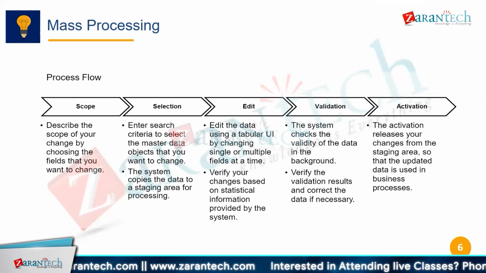If there are no errors, then we can go ahead and complete the validation step. So once the validation is done, it means we came to know that the records which you have added are properly validated, and then it is good to go. So we can complete the activation step. Once it is activated, the modified data will go and sit in the system. That is the mass processing.